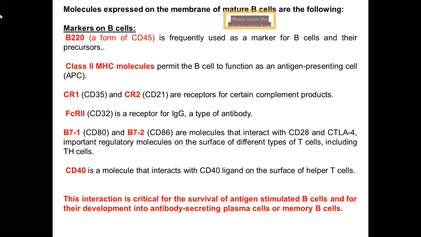Some of the markers expressed on the surface of the mature B cell, to name a few: B220, a form of the CD45 marker, is the marker for B cell, and then class 2 MHC molecule, then CD35, CD21, CD32, CD80, CD86, and CD40. These are some of the cell surface markers expressed by the B cell that help in distinguishing it from the other immune cells.